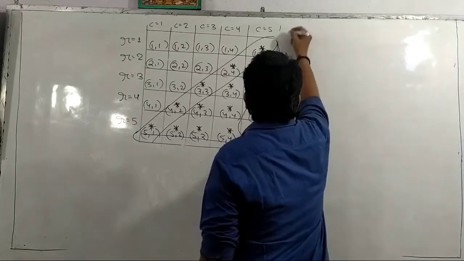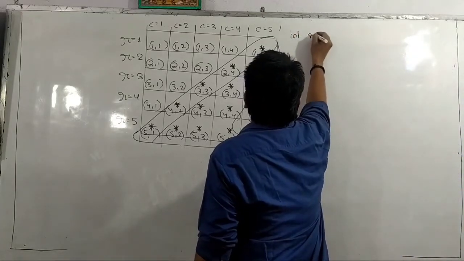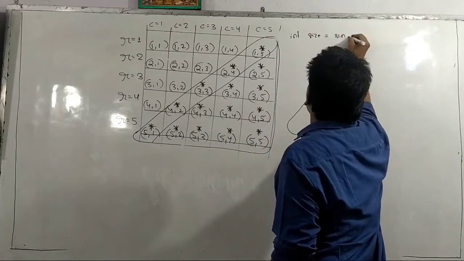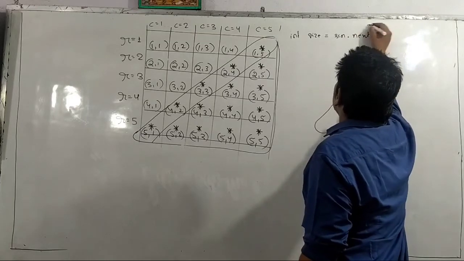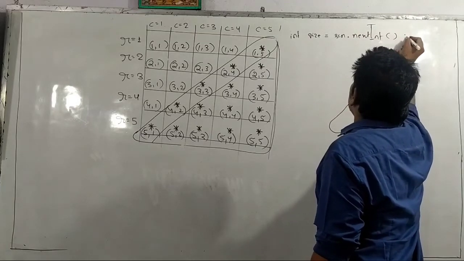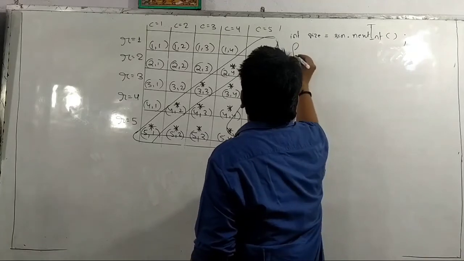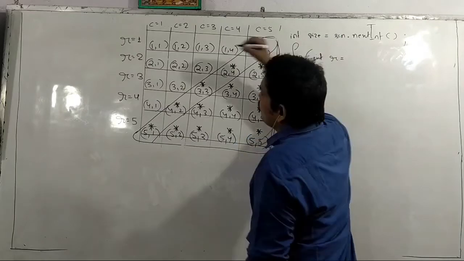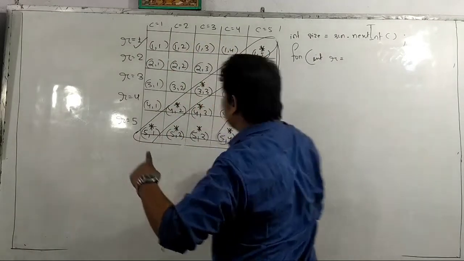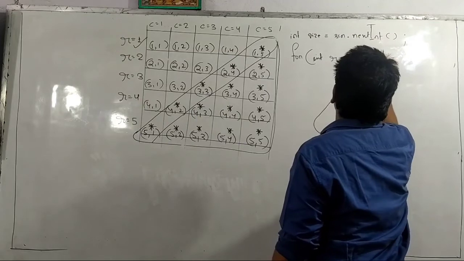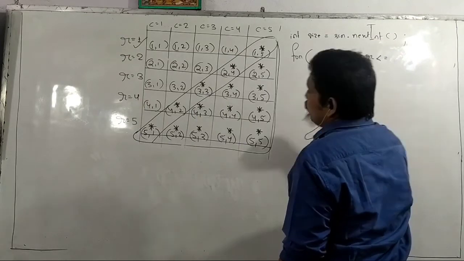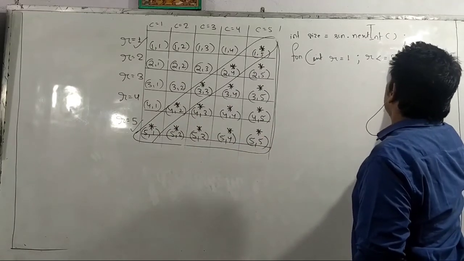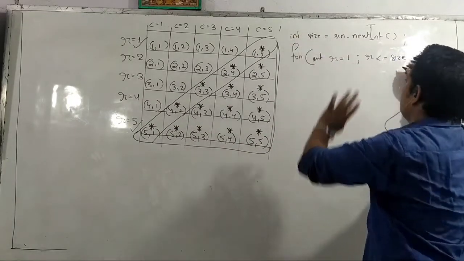So what we wrote: int size is equal to scn.nextInt(), given by the user. So we will start the for loop: int r is equal to 1. R less than or equal to, in this example it is 5, but here we will write size, where the size is entered by the user.